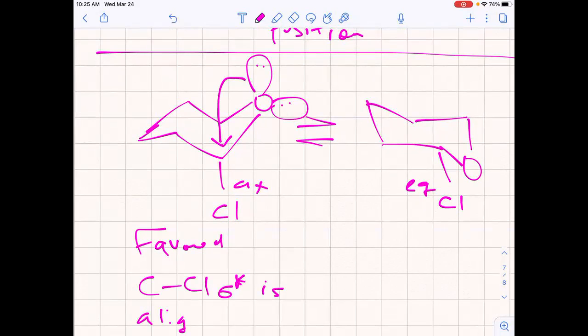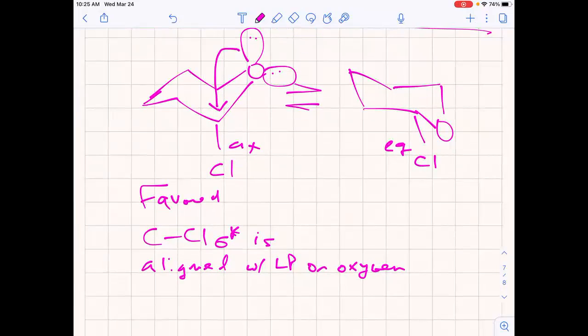So that sigma star orbital is aligned with the lone pair on oxygen. Right, so that's a stabilizing interaction.